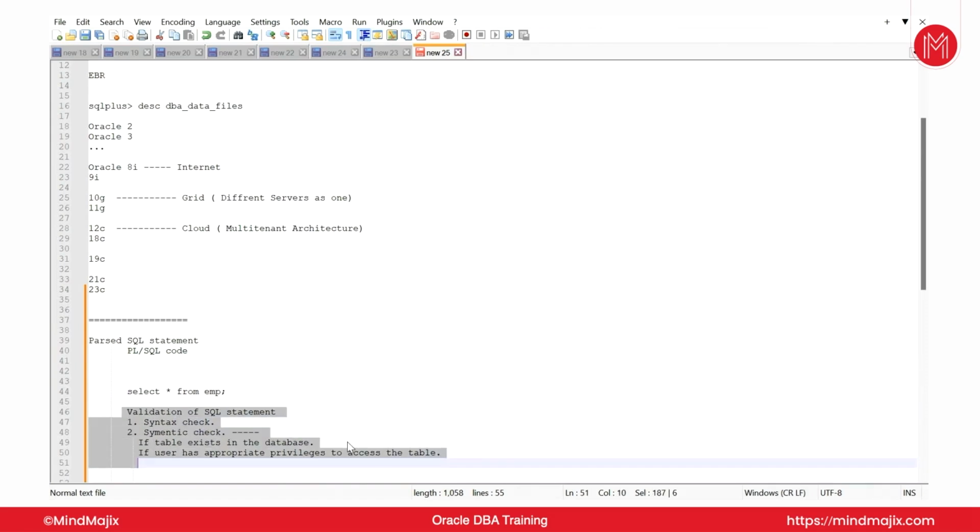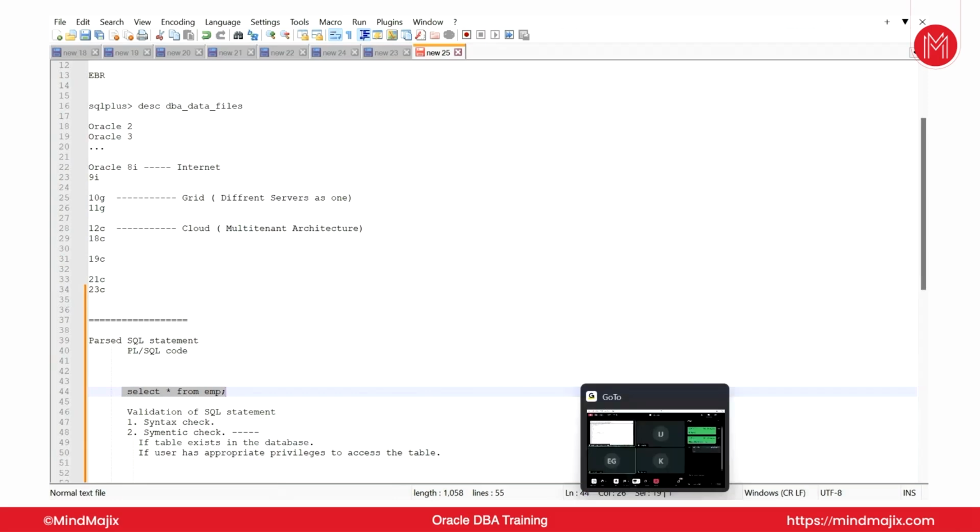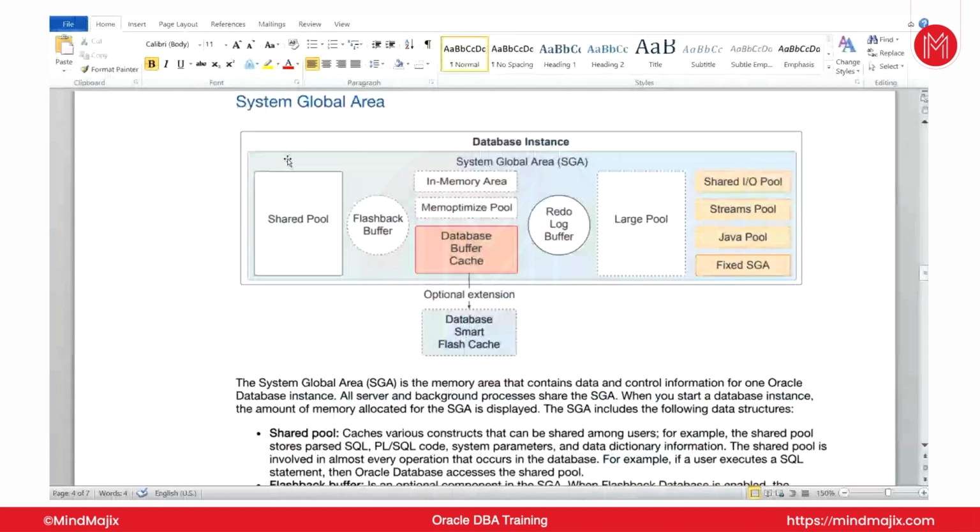The moment the database sees this statement, it will not parse the statement again, and it will pick it up and start executing it, selecting the data. It's not going to check again if you already have this statement parsed. So the shared pool stores parsed statements.